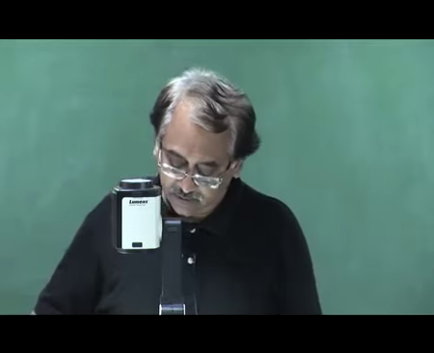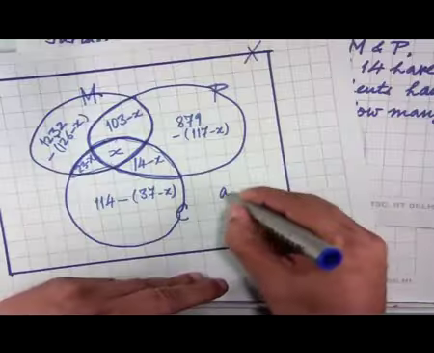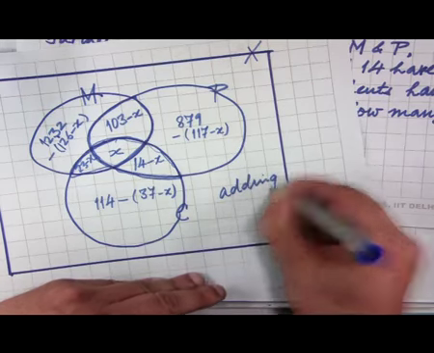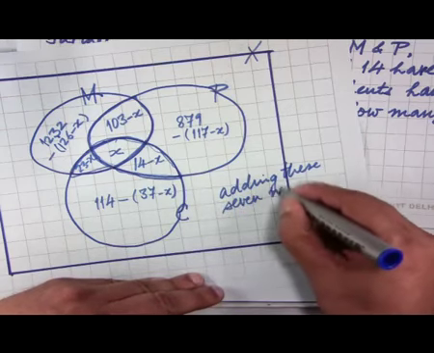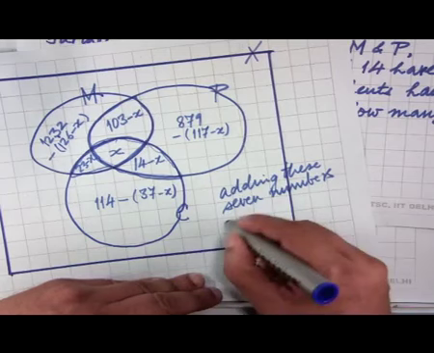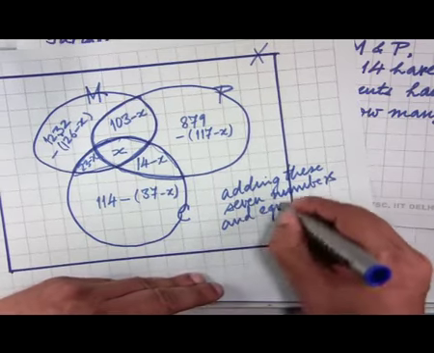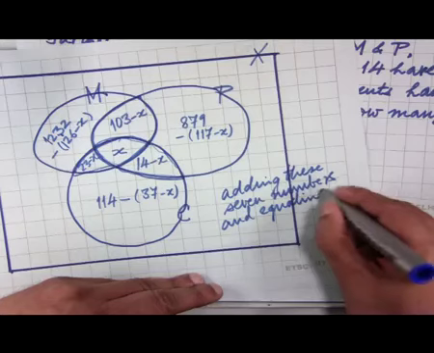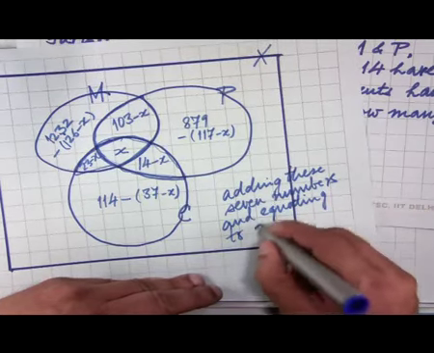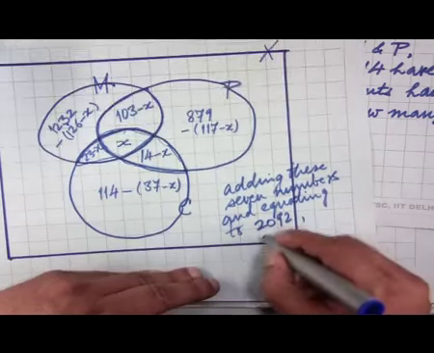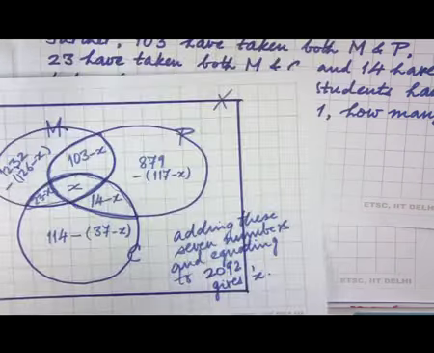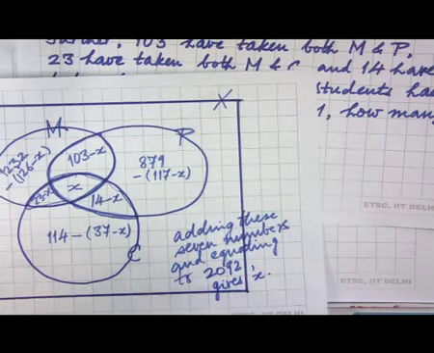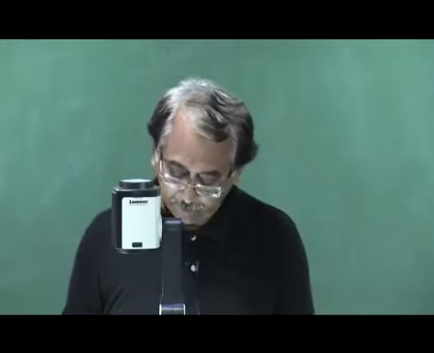So I'm simply going to write adding algebraically these 7 numbers and equating to 2092 gives x. And it is x that we sought, because x was the number of elements which is common to all 3.